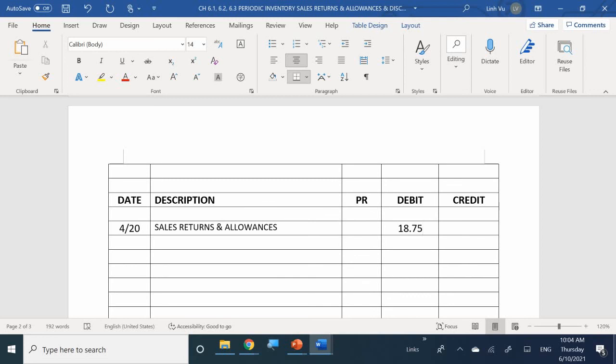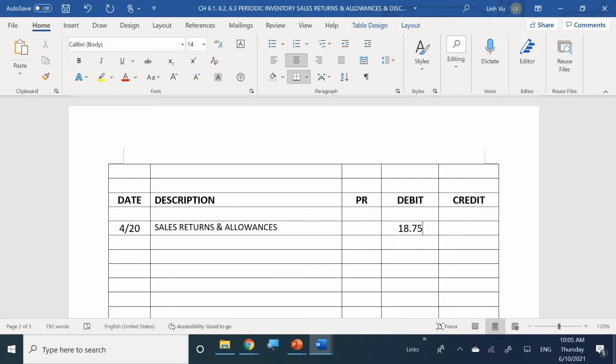What else do you need to give back to them? Taxes. You've got to give them back their tax. So we multiplied 25 times 5, and then took 15% of that, and that's the $18.75, correct?